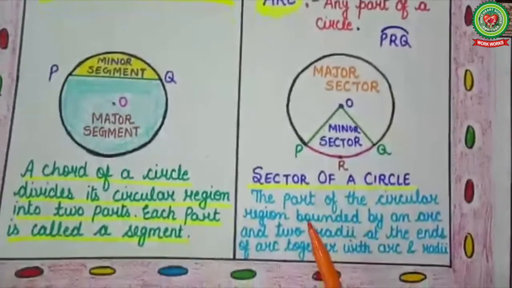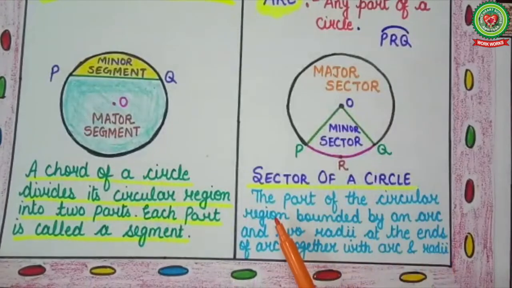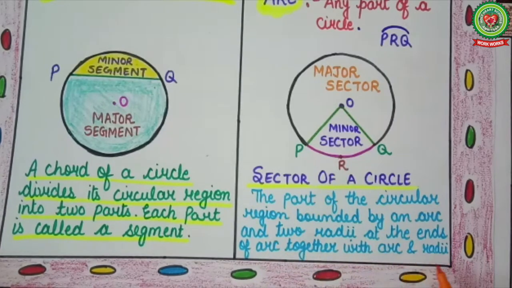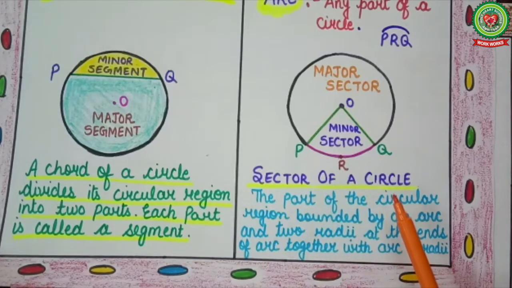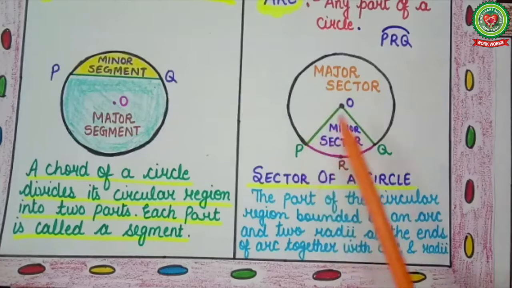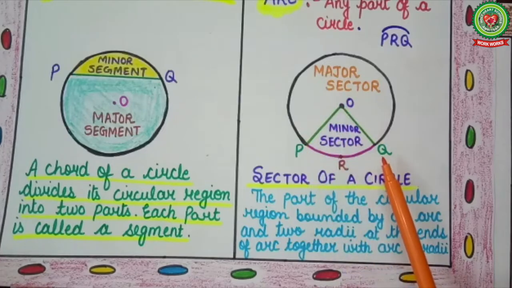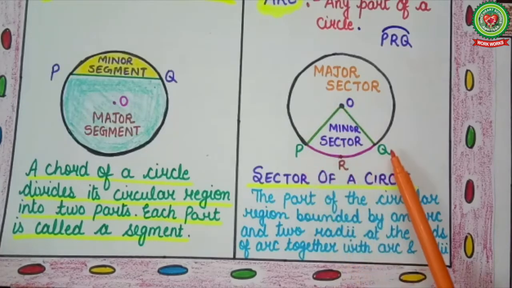Now, the part of circular region bounded by an arc and two radii at the ends of arc, together with arc and radii, is known as sector of a circle. Now, OP and OQ, these two are radii of the circle. PRQ is an arc.